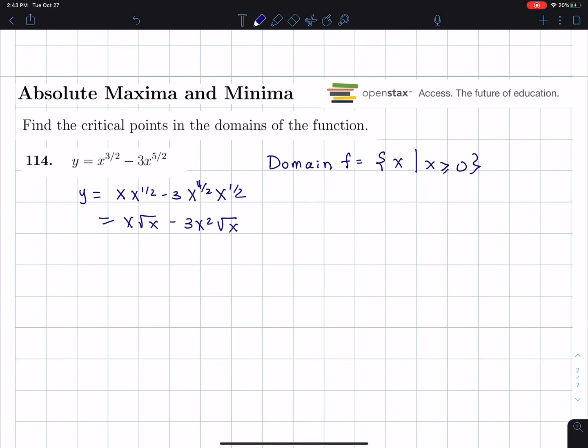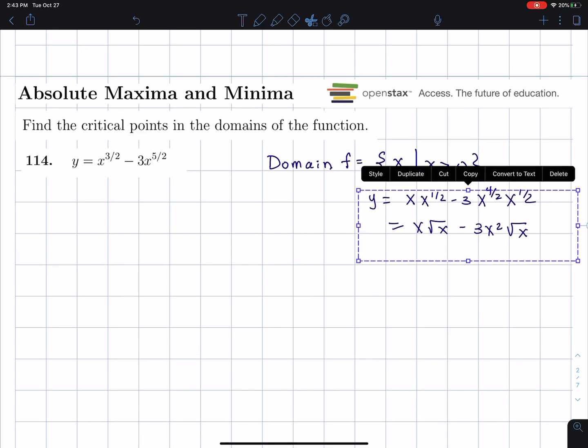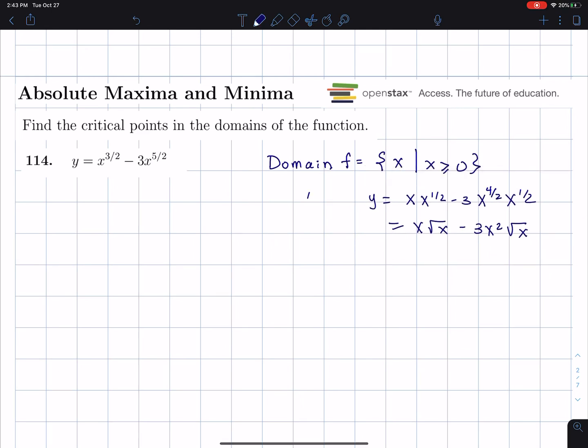The reason I would do that is just to make it clear to everybody that we are taking a square root. You can't take a square root of a negative number if we're looking at real valued functions. That's why I'm saying the domain is all x where x is greater than or equal to 0. That is definitely not something that we need to write down. So that's a little aside.